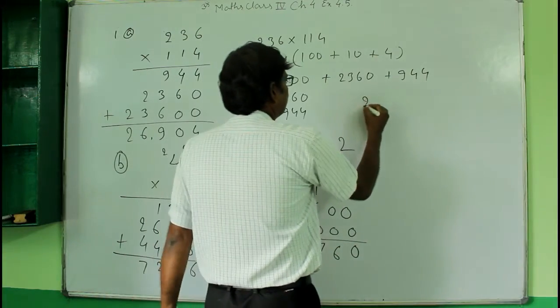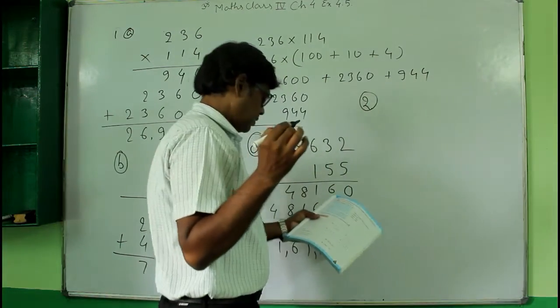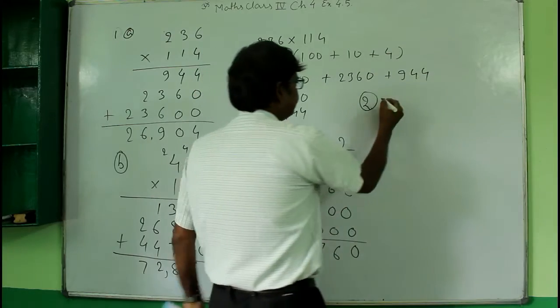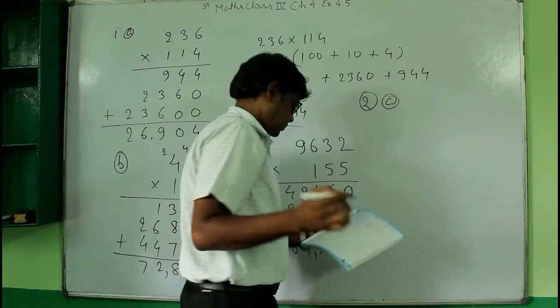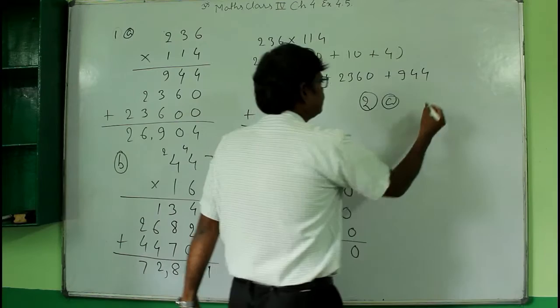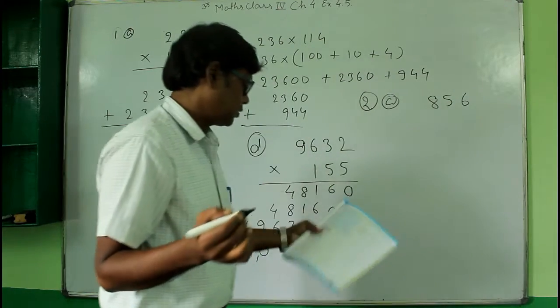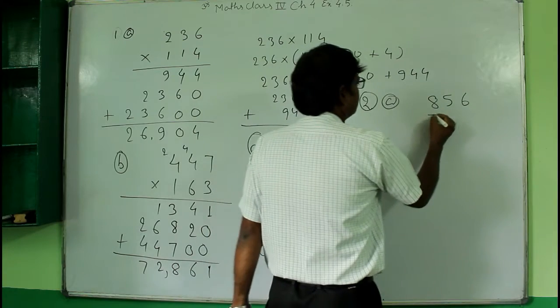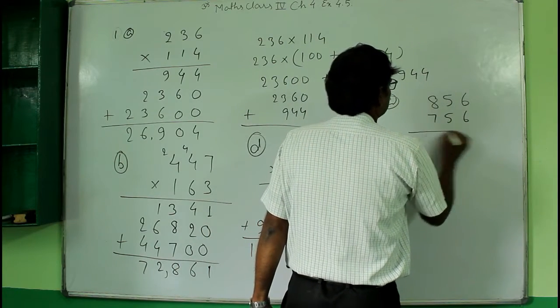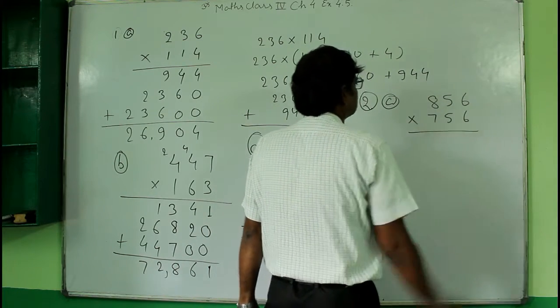Question number 2. Here question number A is 856 and the other number is 756. Now multiply this. 6 6s are 36.